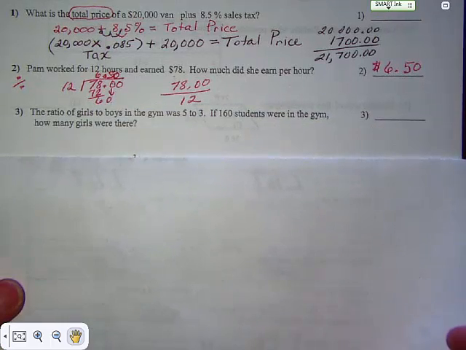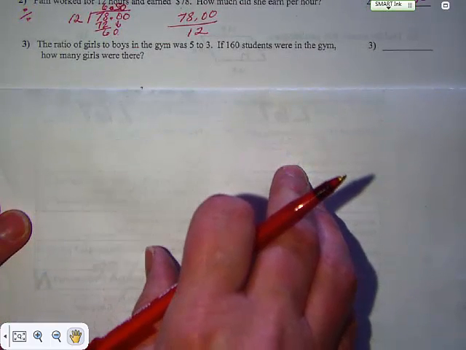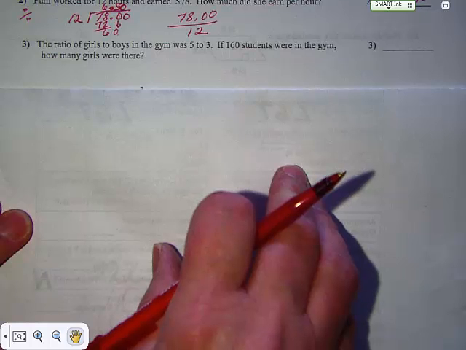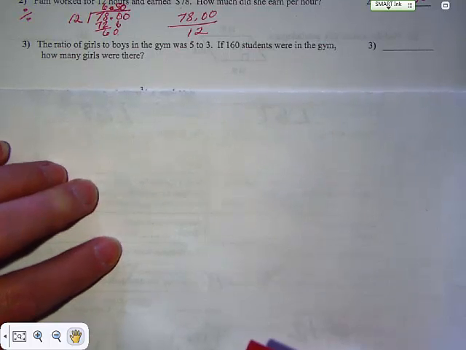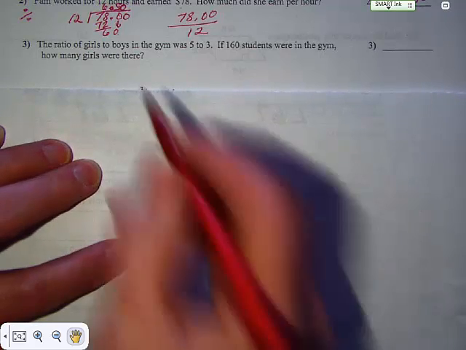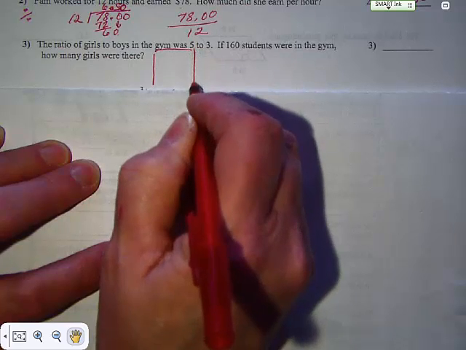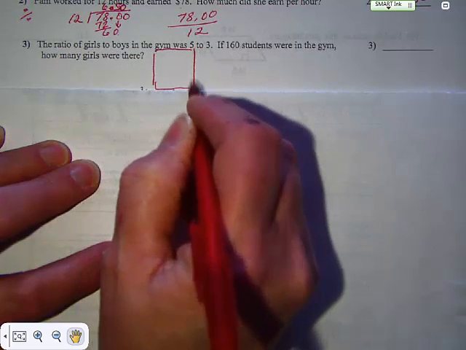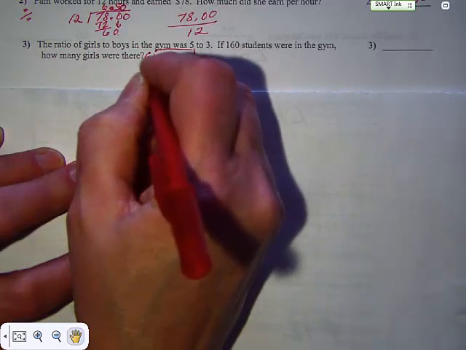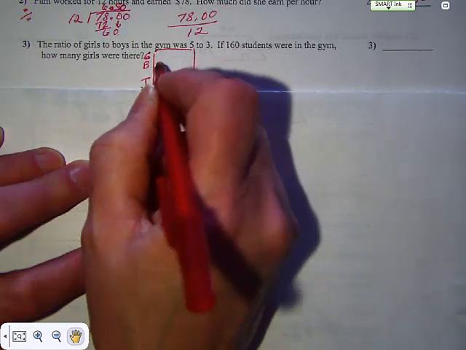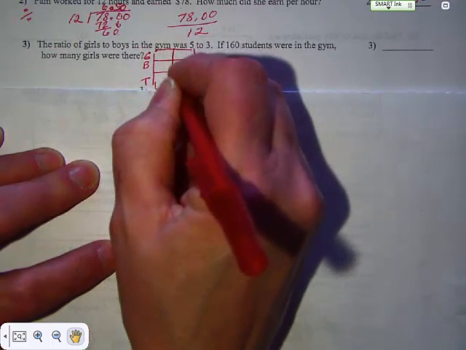Okay, number 3. The ratio of girls to boys in the gym was 5:3. If there were 160 students in the gym, how many girls were there? This is a problem that I would probably set up a ratio box for, just because it would probably be the easiest way to approach it. You have girls, boys, and then total.